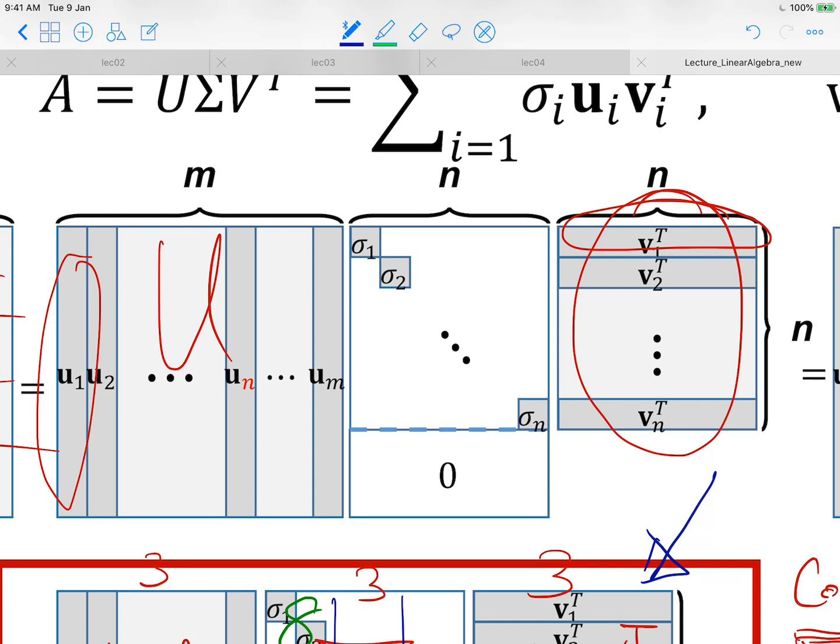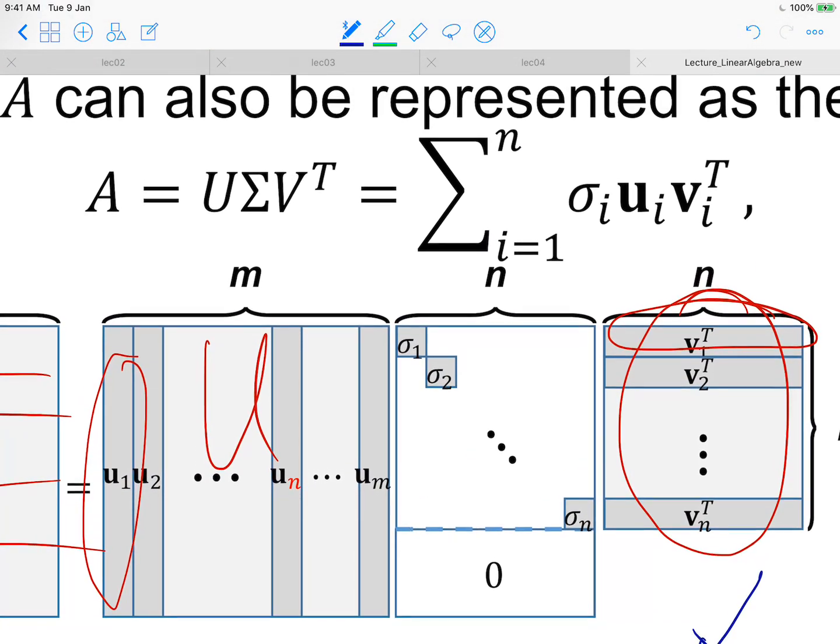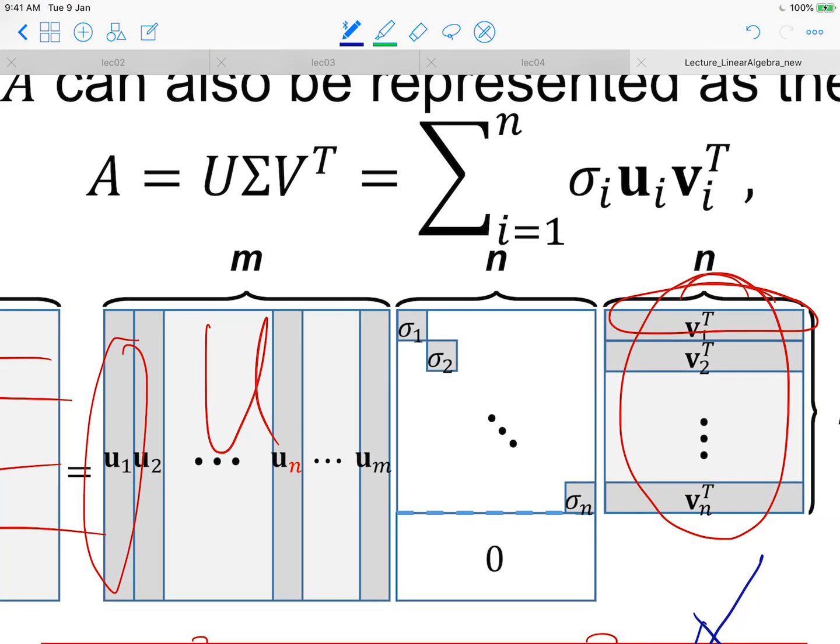Let's reconsider this full form. This is the full form, and this is the reduced form. In the case of the full form, we will obtain the square matrix, right? That has orthonormal columns, right?